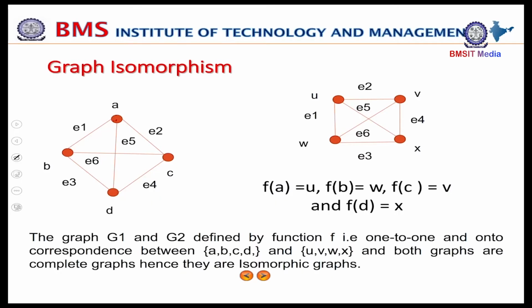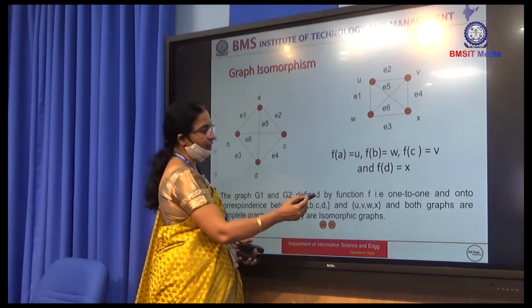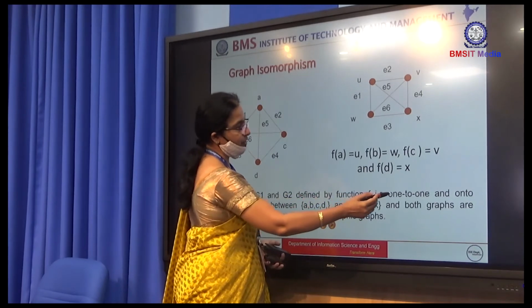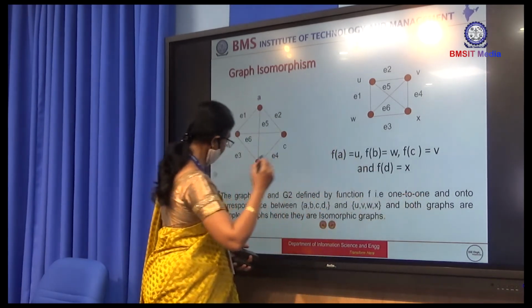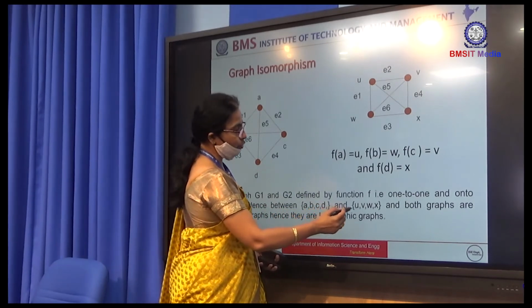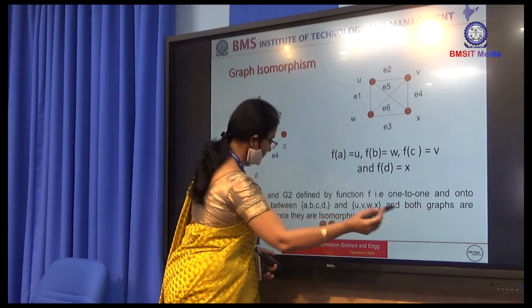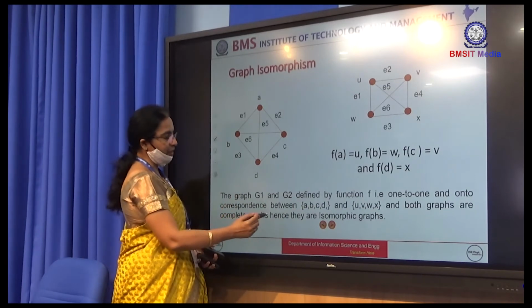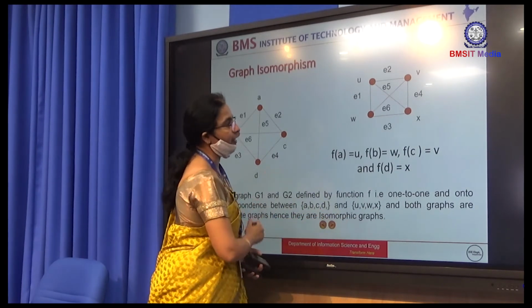So the graphs G1 and G2 are related by the function f, a 1 to 1 and onto correspondence between ABCD and UVWX, and both graphs are complete graphs, hence they are isomorphic graphs.